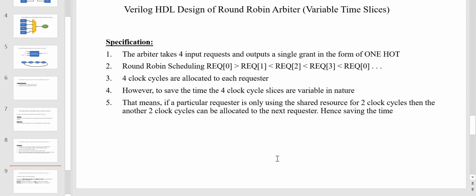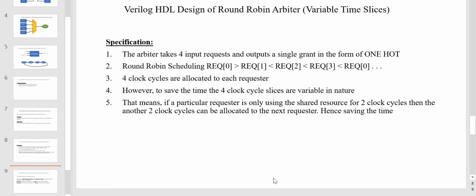But if the requester is not using its 4 clock cycles, there is a mechanism such that the arbiter can grant the next requester. That means if a particular requester is only using the shared resource for, for example, 2 clock cycles, then the arbiter will grant the next requester for the remaining 2 clock cycles, and hence save time.